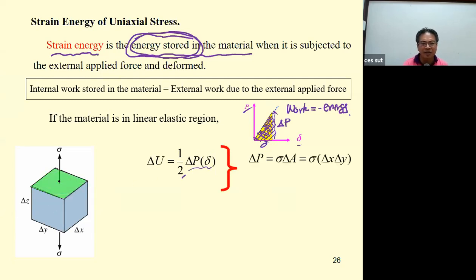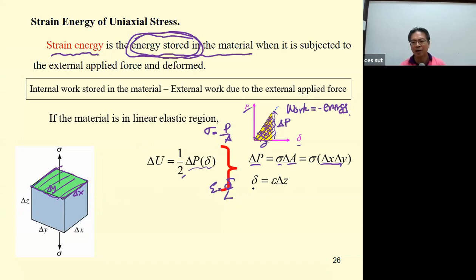And if you consider a small portion of this material element, you may see this one is going to be delta X, and this one is going to be delta Y. You have sigma equal to P over A. So delta P equal to sigma delta A. Delta A is going to be delta Y times delta X. And then for the deformation, strain equals deformation over L. So the deformation equals strain times L, delta Z. And when you put these two variables back into this equation, you rearrange it.